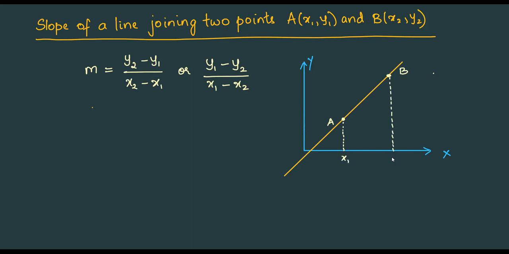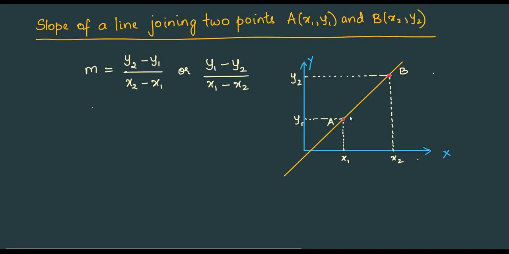This point is x1, this point is x2, this abscissa, this ordinate is y1, and this ordinate is y2. I'll not draw it here because it will be handled.